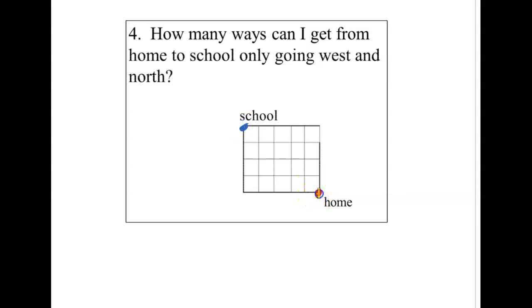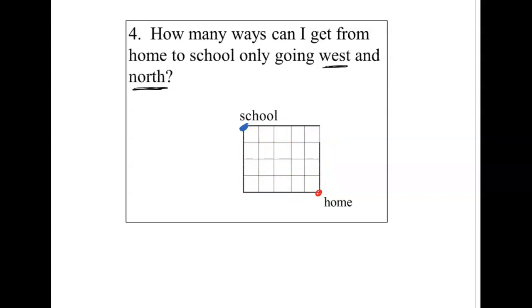Well, you might imagine, I could go this way in yellow, I could go this way in blue, I could go this way in green, and so on. So how many ways can I travel from home to school only going west and north?